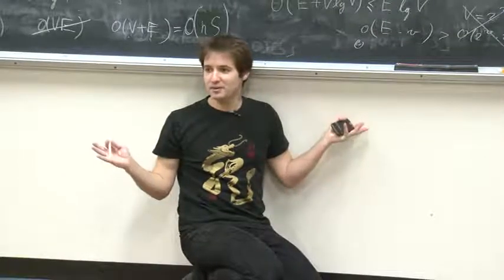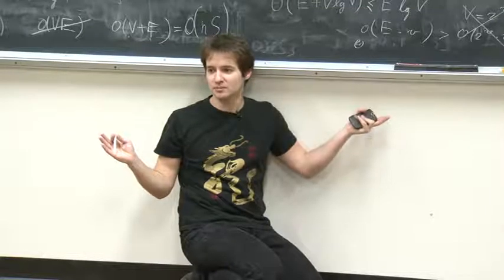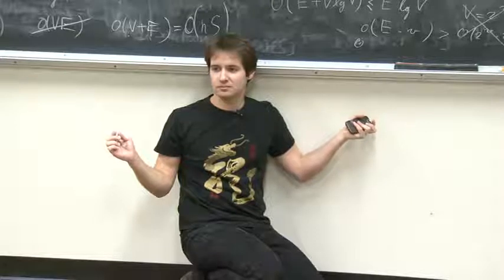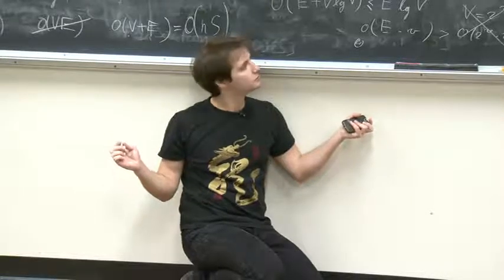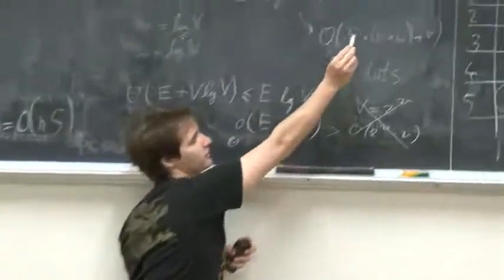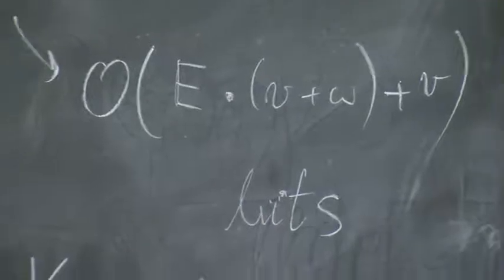What happens if you double the word size? What happens if you have bigger weights, so everything like V is multiplied by 2 and W is multiplied by 2? If you're doubling the word size, then this is going to double, this is going to double. Everything's fine.